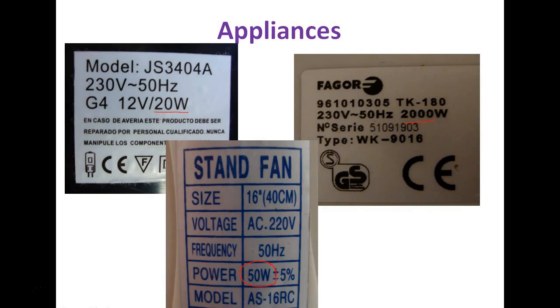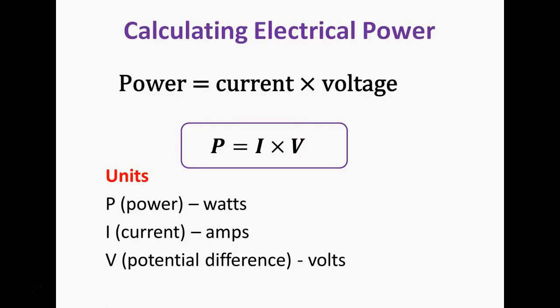And so we can use the following equation to calculate the electrical power of a device. So power is equal to the current times the voltage, and of course the unit of power is the watt, where 1 watt is 1 joule per second.